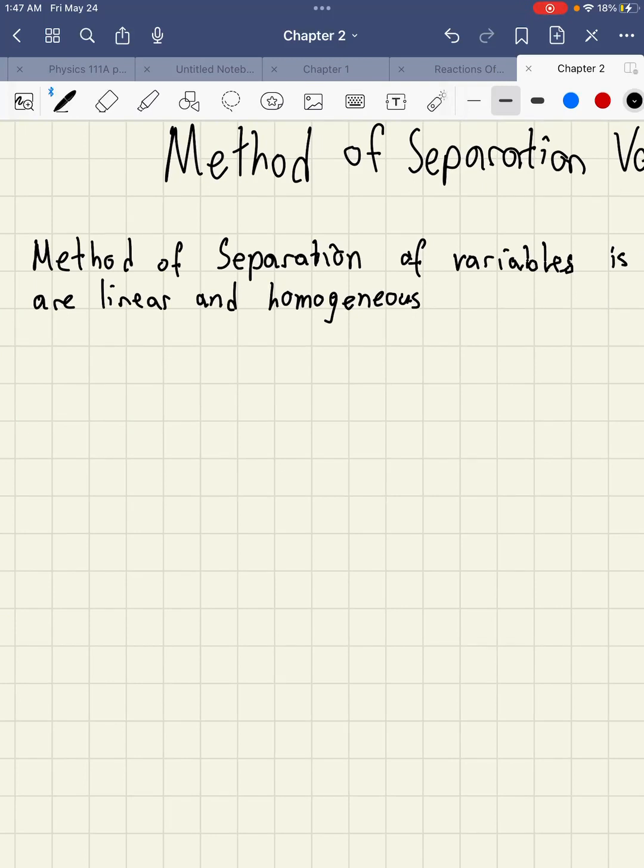Only if both the PDE and the boundary conditions are of these types can I apply this method to solve my PDEs.